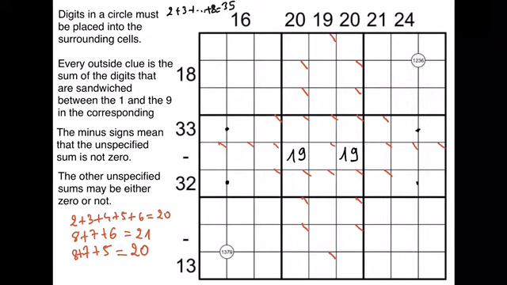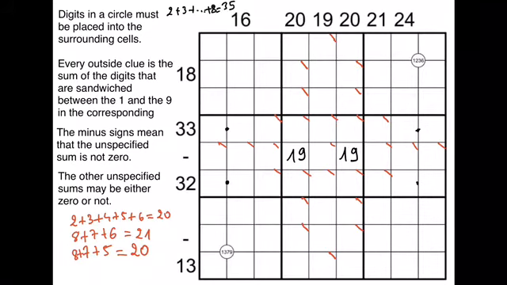And that is sort of important because we know that all those digits are 8, 7, and 5, in here or in here. So we know that those two digits are among 8, 7, and 5.